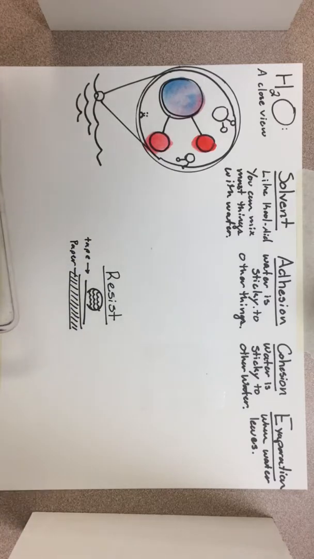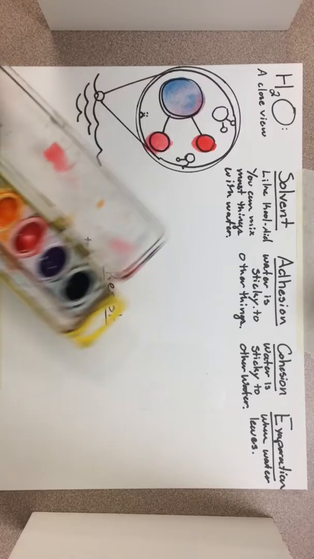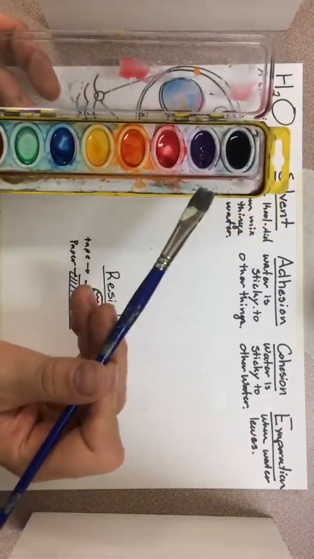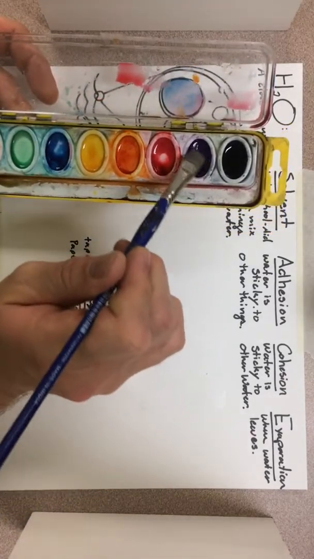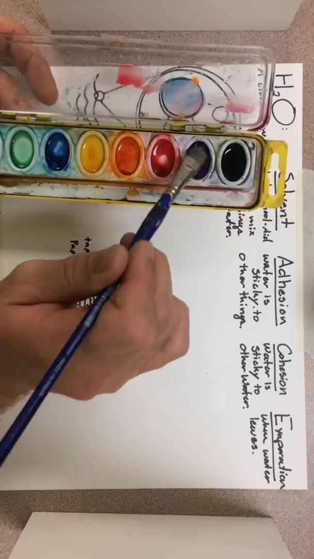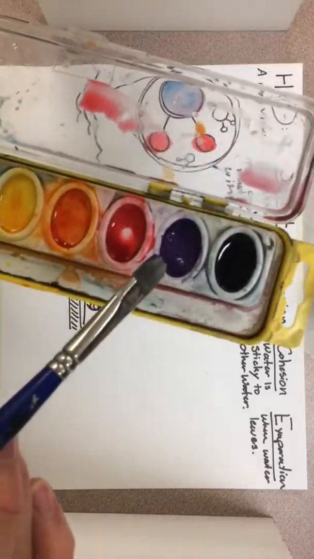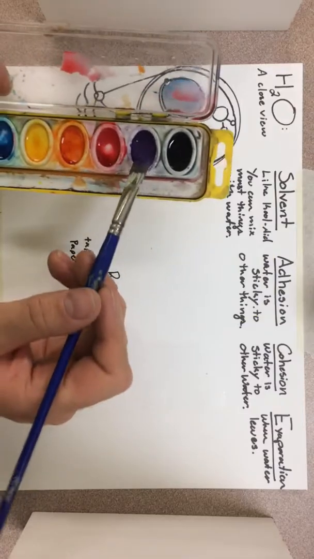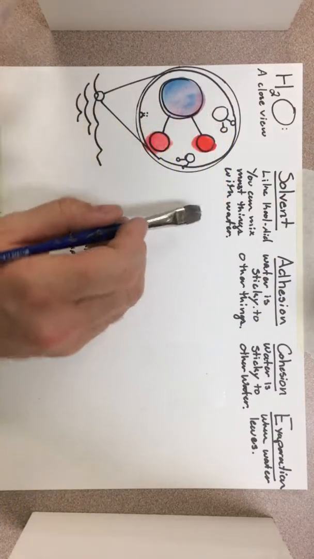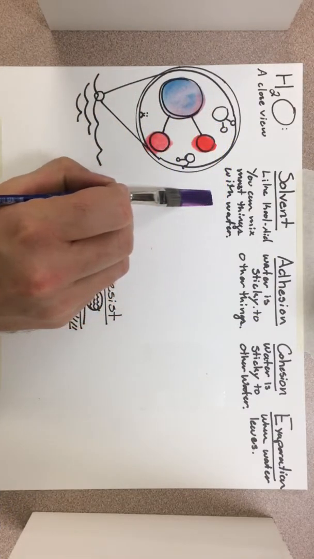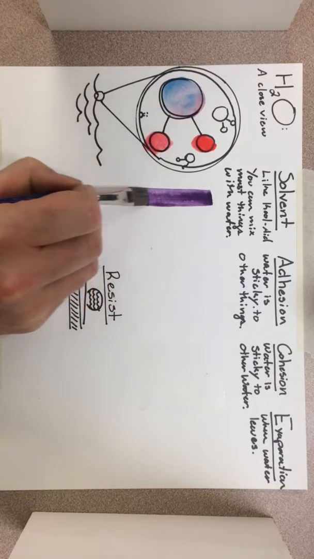Well, first of all, water is a solvent. That's the whole reason why we can take water, put it into these little cake things here, and it dissolves the paint. And when it dissolves, it's like Kool-Aid, you know. It becomes part of the liquid.